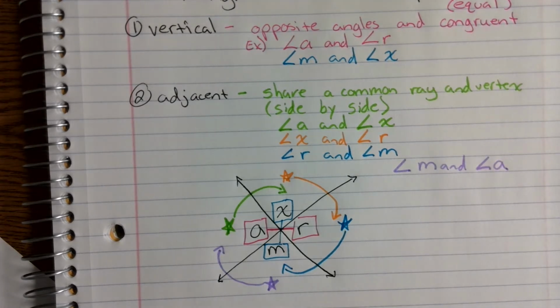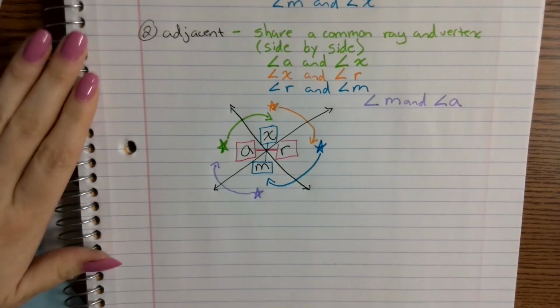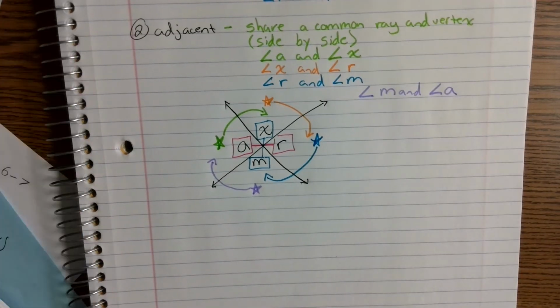So those are your adjacent pairings that you can create. Let's take a look at another set.